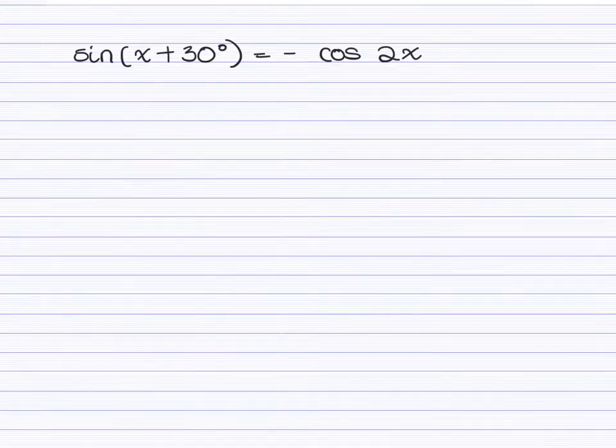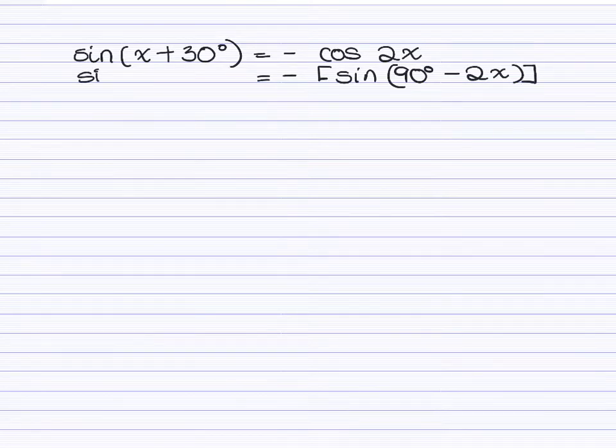Using co-ratios and complementary angles, I'm going to change the cos 2x into sine x. This would then become negative sine (90 degrees minus 2x). On the left-hand side, you would still have your sine (x plus 30 degrees).